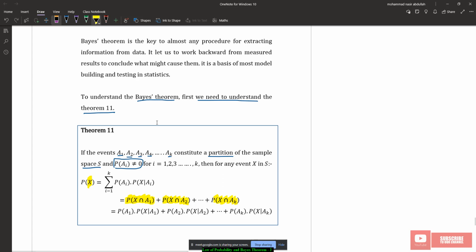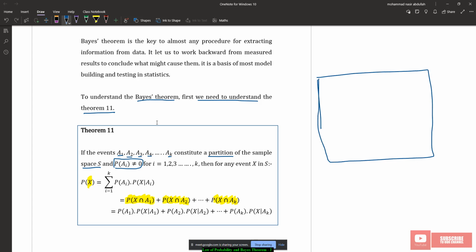For example, let's say I have a sample space, one state with many districts. I have a very big lake in this state. This lake is shared with district number 1, and also district number 2, district number 3 and district number 4.